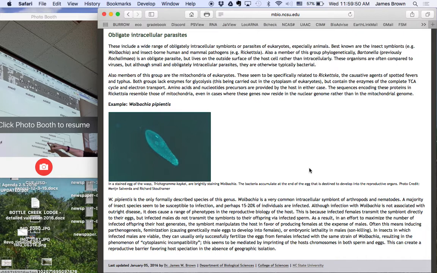And so you see feminization of insect populations and even parthenogenesis in insect populations as a result of Wolbachia infection. There's some evidence also that Wolbachia infection may prevent the transmission of malaria. And so people are working to use Wolbachia to infect mosquitoes to fight malaria.